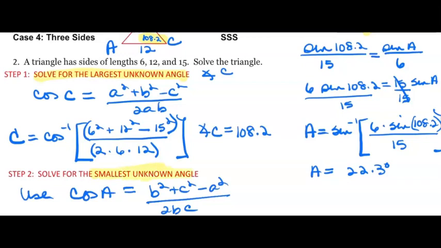So step 3, which I didn't write down, so I'll put that in red, is going to be to find the missing angle. So take your 180 degrees minus the first angle we found, minus the second angle we found, and your missing angle, which is angle B, should equal 49.5 degrees.